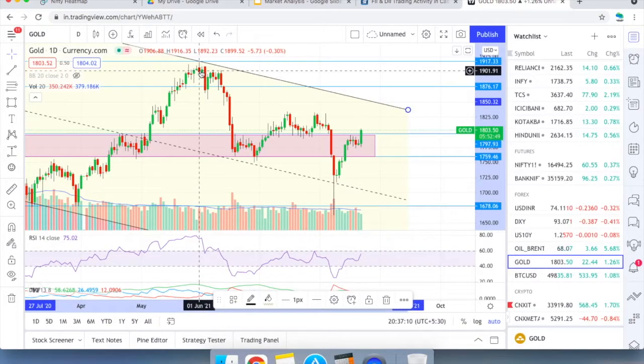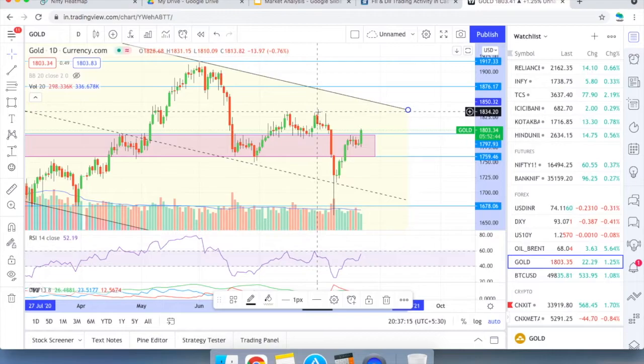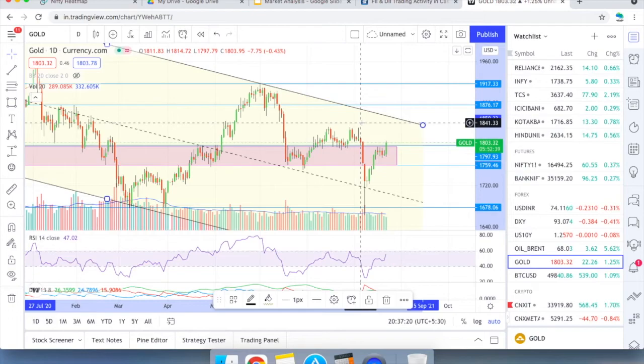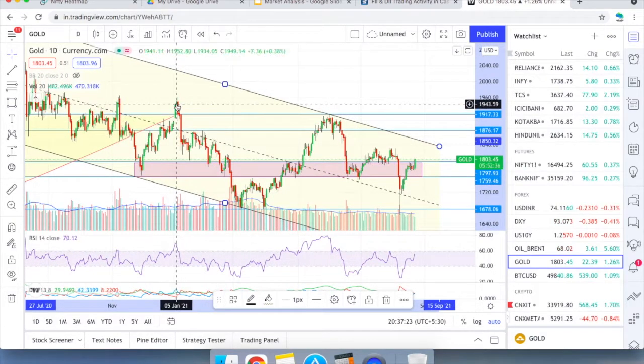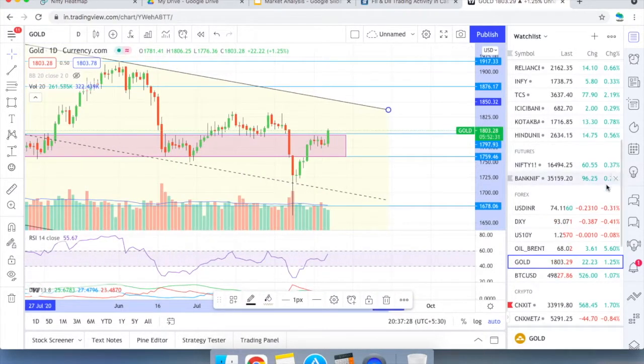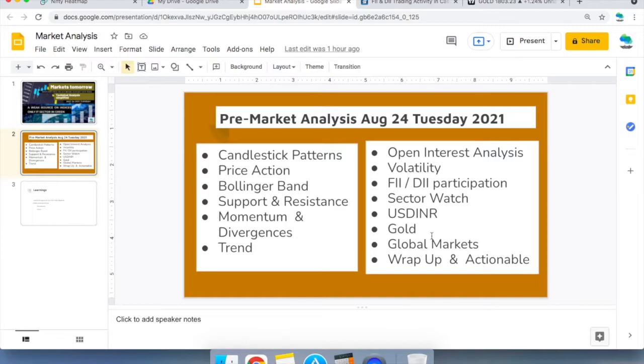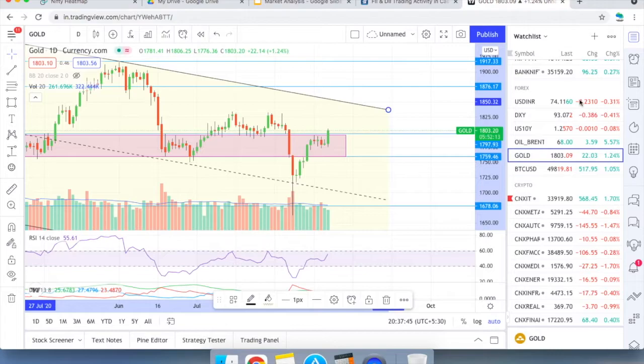It had attempted to do that in June, hit and fell down, and then attempted again, stopped here, and fell down, and now this is the third attempt to hit the channel top in 2021, right after January. So gold is strong. Whenever the dollar goes down, normally gold strengthens. The dollar weakened slightly today.